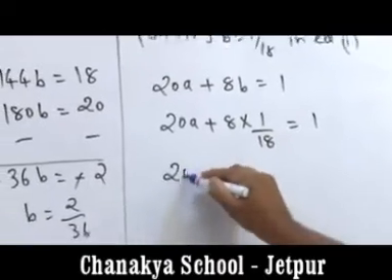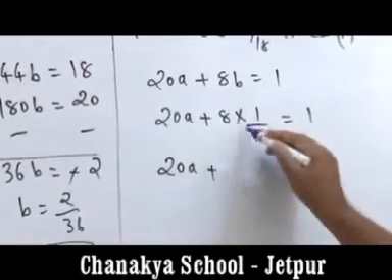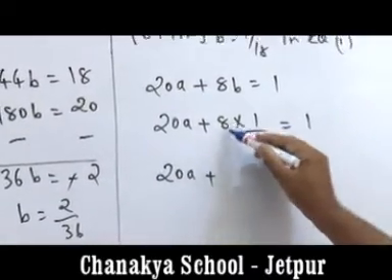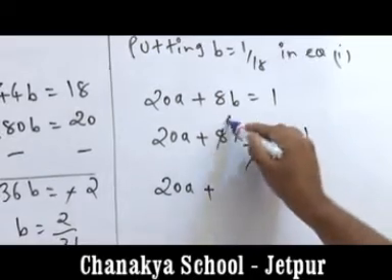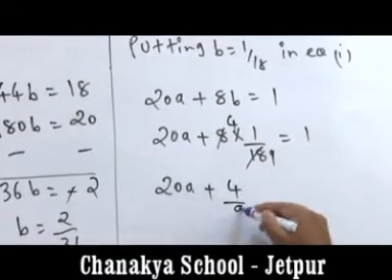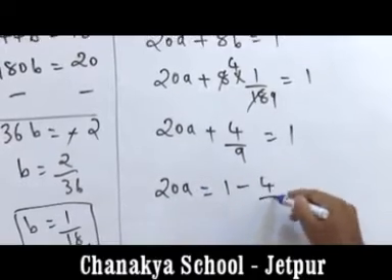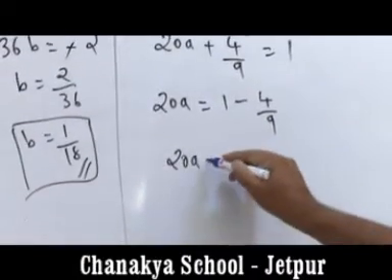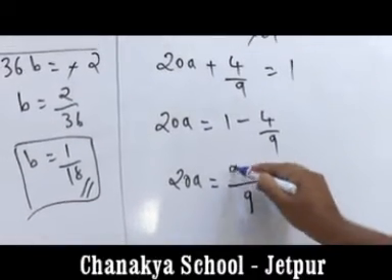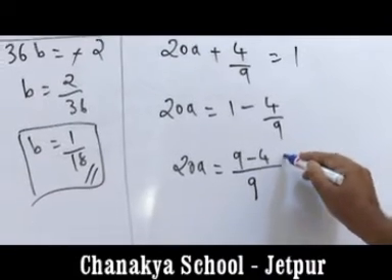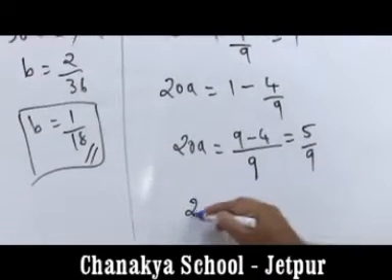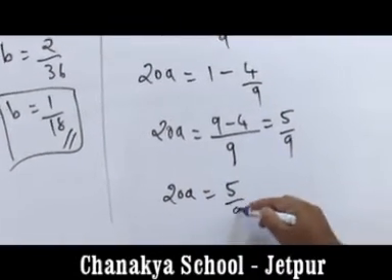Now cutting here 2 and 9, that is 4 by 9. Now 20a equal to 1 minus 4 by 9, 20a equal to, taking LCM 9, 9 minus 4 by 9, 20a equal to 5 by 9.